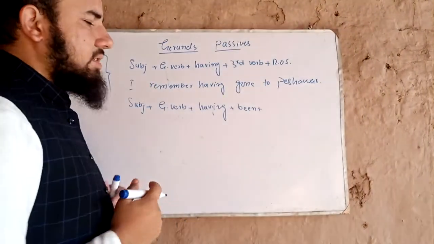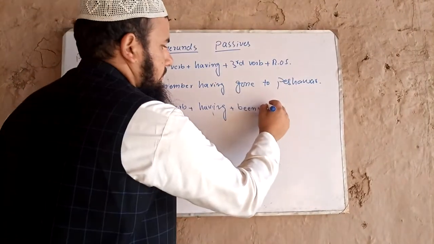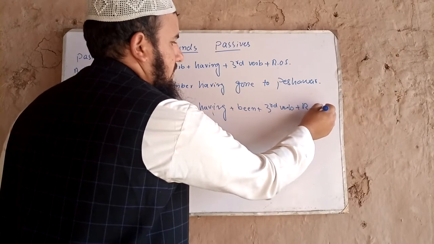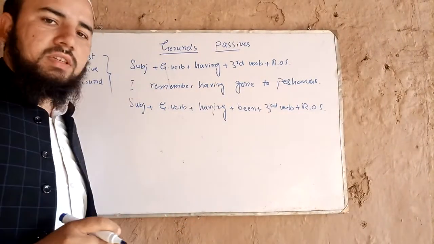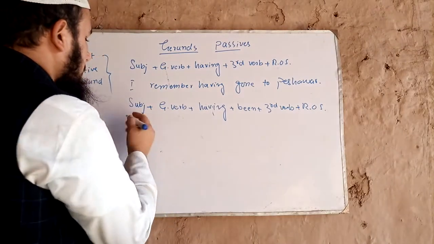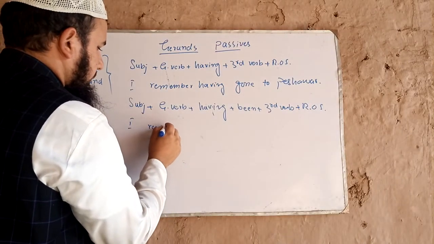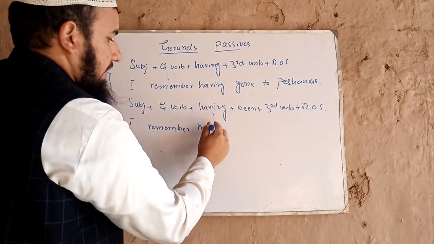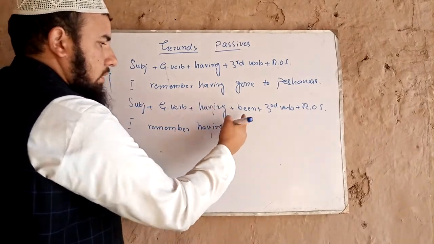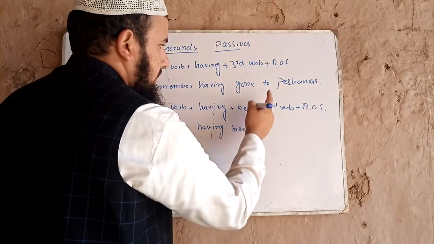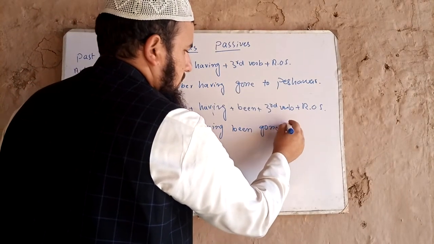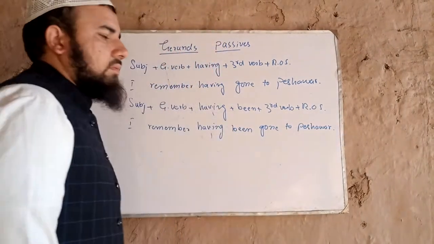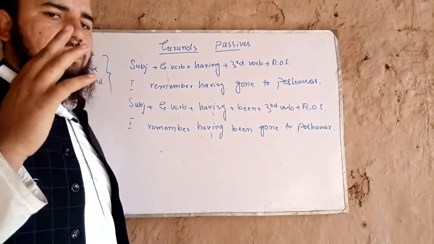So here we will just add been plus third verb and rest of the sentence. Like for example, if I want to change this sentence, so I remember having remain the same. So the structure will be: been gone to Peshawar. Now we discussed here four kinds of structure.